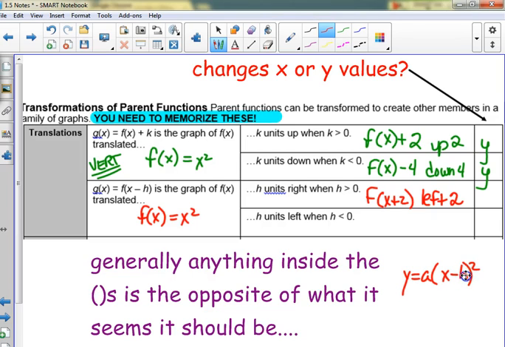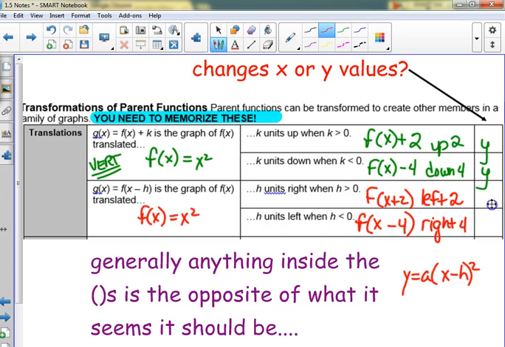So it says x minus 2, so it's to the right 2. If we have x minus 4 all inside here, it shifts right 4.